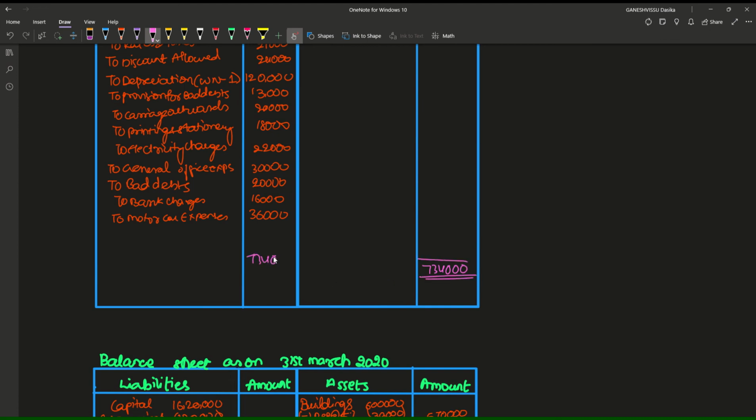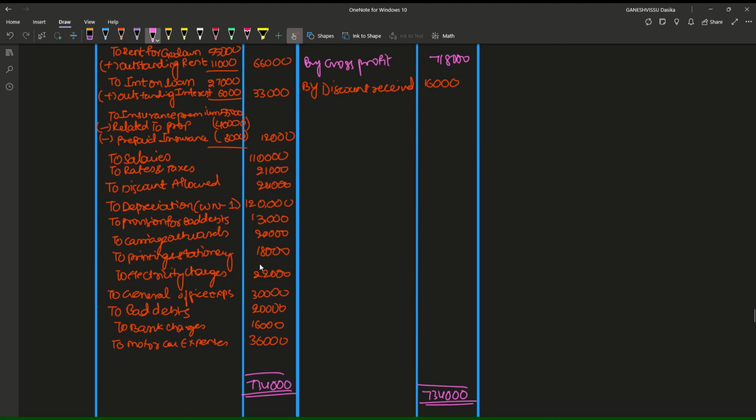We need to deduct all these expenses: minus 66,000, minus 33,000, minus 12,000, minus 1 lakh 10,000, minus 21,000, minus 24,000, minus 1 lakh 20,000, minus 13,000, minus 20,000, minus 18,000, minus 22,000, minus 30,000, minus 16,000, minus 36,000.